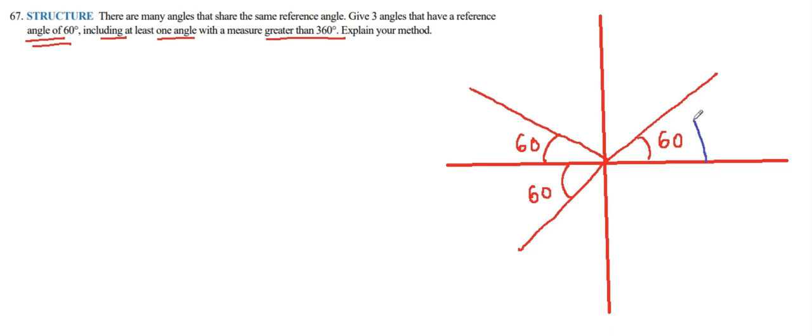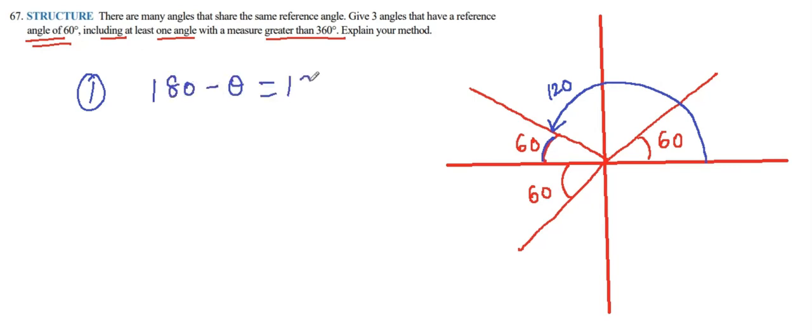This is 60, and 180 minus 60 is 120 degrees. So this is 120 degrees. For 120 degrees the reference angle is 60 degrees, or simply you can write the first angle as 180 minus theta. Theta is 60, which is 180 minus 60, which is 120 degrees.